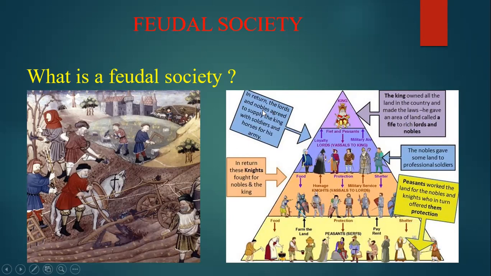In return, the lords and the nobles agreed to supply the king with soldiers and horses for his army because they were having private armies and even soldiers. The nobles gave some land to professional soldiers, and in return, the knights fought for nobles and the king. Peasants worked on the land for the nobles and knights, who in return offered them protection.